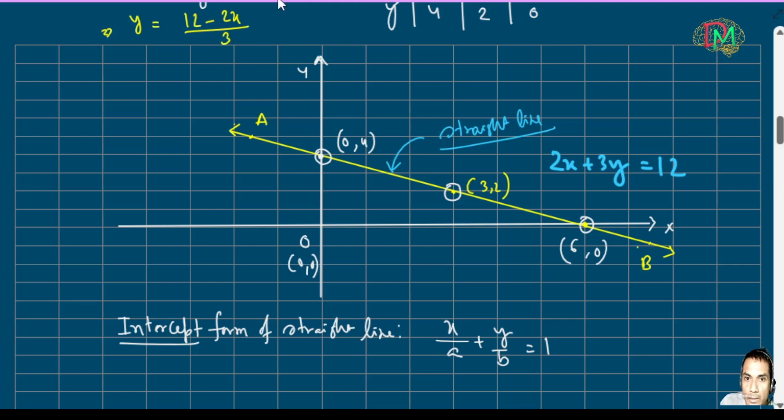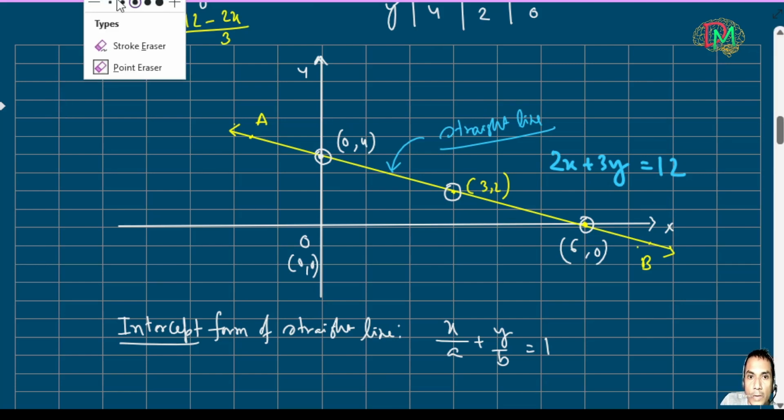What does that mean? Actually, this given equation we can convert into this form. Easily we can convert into this form.